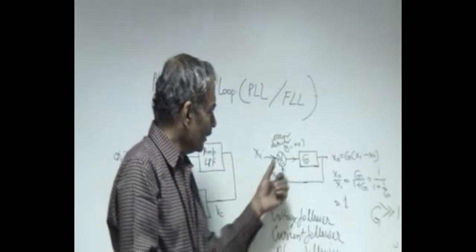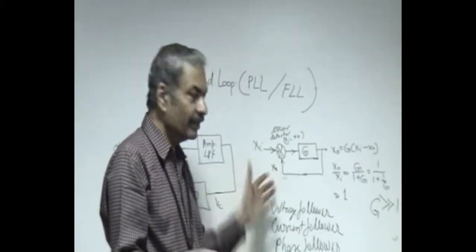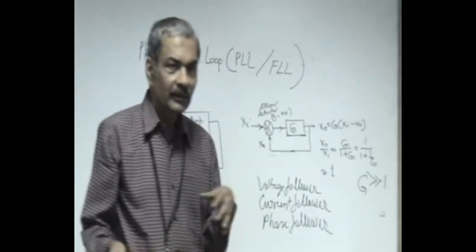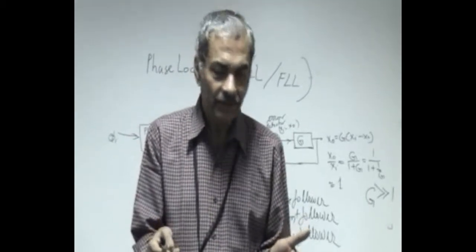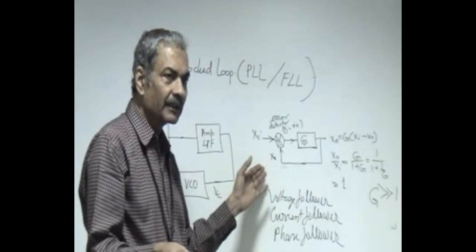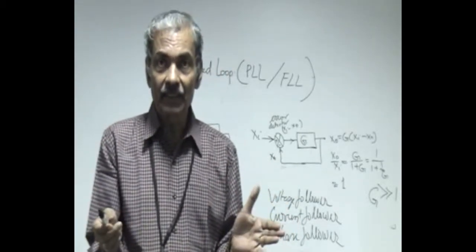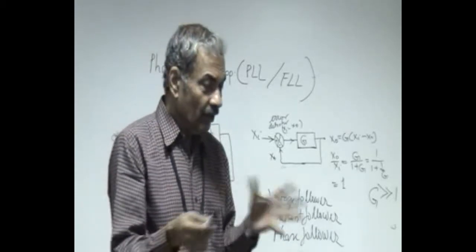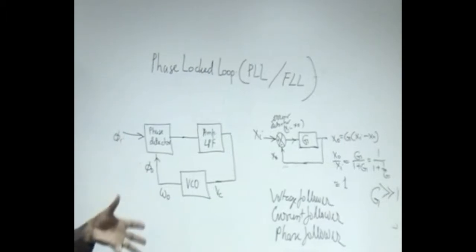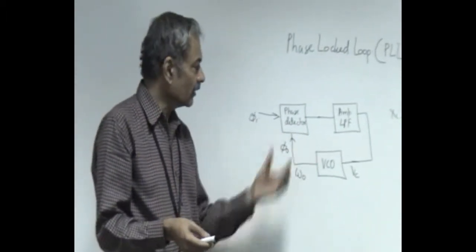It will just measure the phase difference, even when the frequencies are different. Then again the low pass filter will take the average of the output, and that voltage is converted back to frequency by using a VCO, which we have already built in the FM generator experiment. So we know all the blocks, and now this block is nothing but the frequency lock loop, or what is conventionally called the phase lock loop.